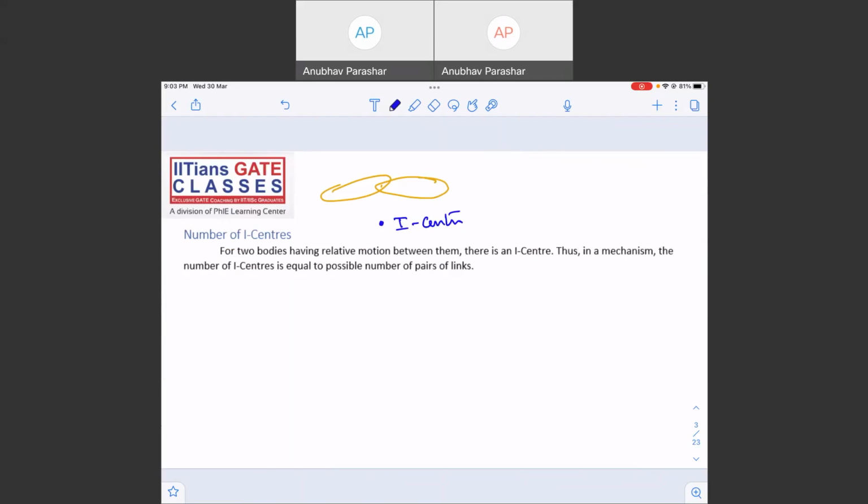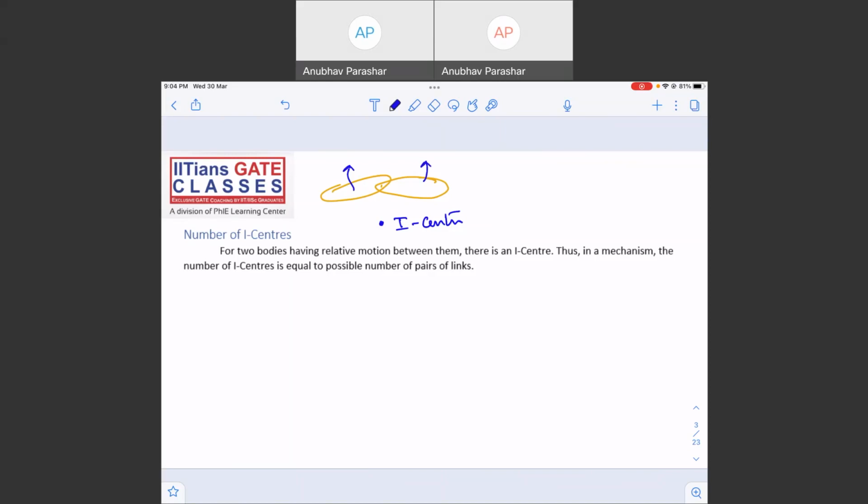But let me first tell you that yes, there can be I centers even for two bodies. About this I center, it looks as if both the bodies at this instant are rotating, because these bodies will have some relative motion to each other, as they are part of a mechanism.